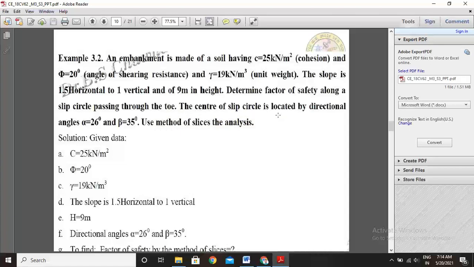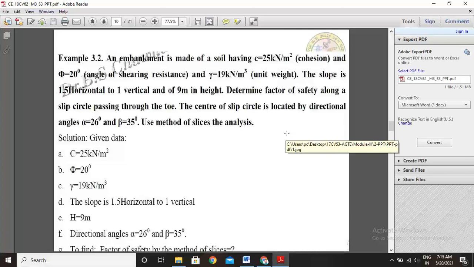The center of the slip circle is located by directional angles alpha equal to 26 degrees and beta equal to 35 degrees. Use the method of slices for the analysis. So this is based on the slices method, how to solve these problems.